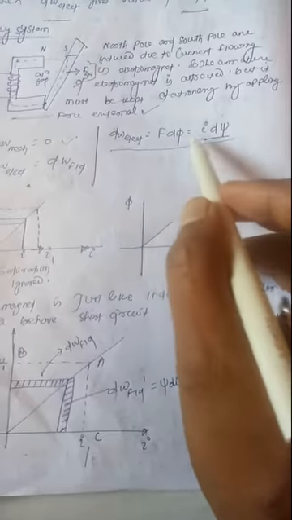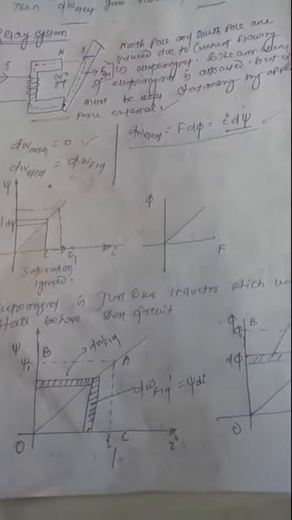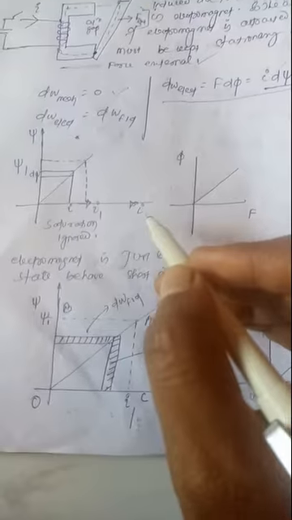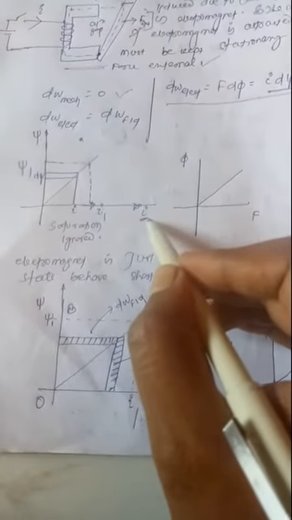So this dW electrical, we have just derived, is equal to F into d phi, or equal to I into d psi. This value can be obtained from the magnetization curve. Look at this curve, drawn between I and psi.